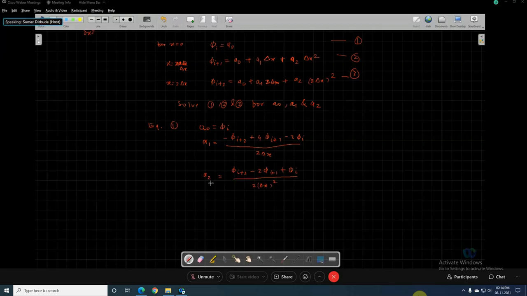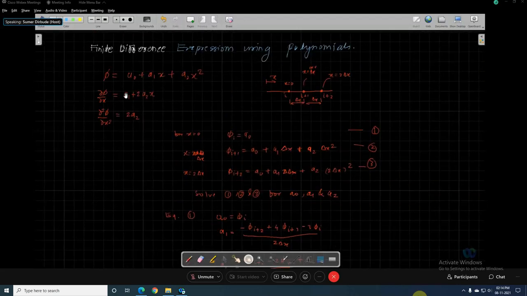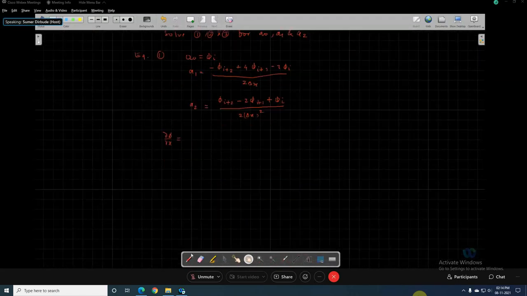So what is the derivative del phi by del x? Del phi by del x is basically A1 plus twice A2x. So you substitute this to find del phi by del x at I. And at I, what is the value of x?